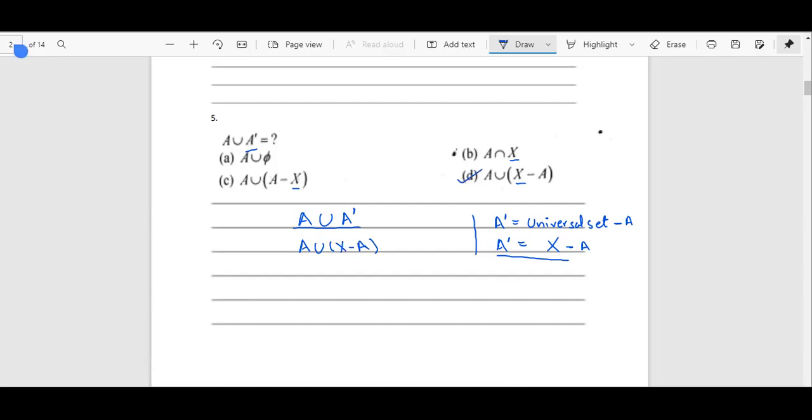So just know that whenever you have A complement, B complement, or complement of any set, that is basically going to be the universal set minus that set whose complement you are finding, right? You were finding A complement, so you are going to write universal set minus A. All right, so we're done with the fifth question as well.